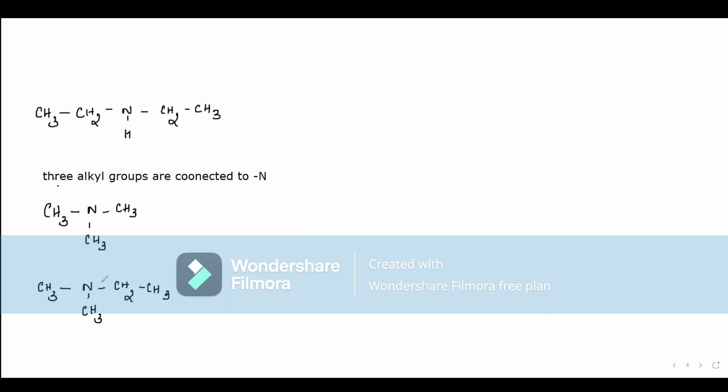Last one example under secondary amine. CH3, CH2, NH, CH2, CH3. So both the sides of NH, you have the same group. So connect NH with any of the alkyl groups because both are identical, and that becomes the parent.